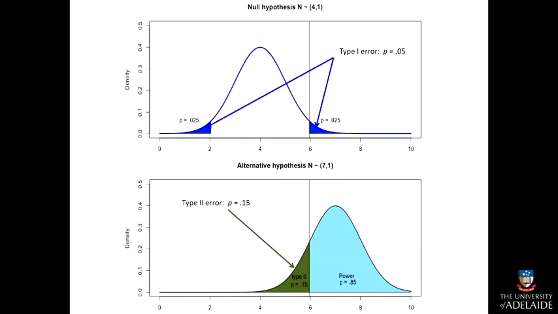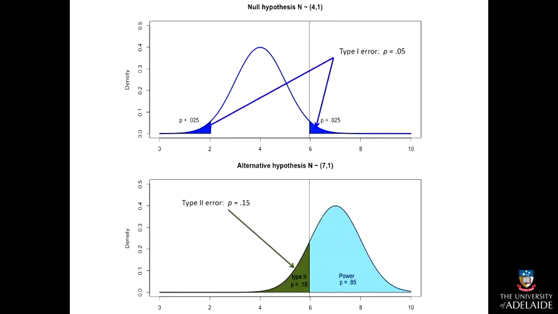What if the population that we're sampling from, as opposed to being the distribution at the top, actually is a distribution that has a mean value of 7 and a standard deviation of 1. That's what that distribution would look like. Now, I've lined that up so that what you can see is that instead of sampling from the distribution at the top, we're sampling from the distribution at the bottom.